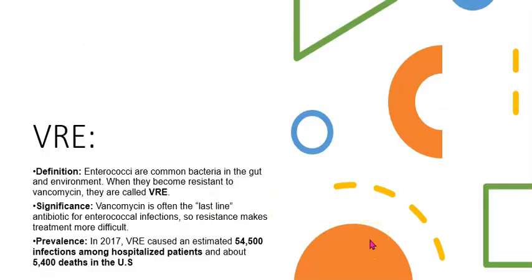VRE, this is enterococci. It's a common bacteria in the gut and environment. When they become resistant to Vanc, they are called VRE. Vancomycin is often the last line antibiotic for enterococcal infection, so resistance makes treatment more difficult.